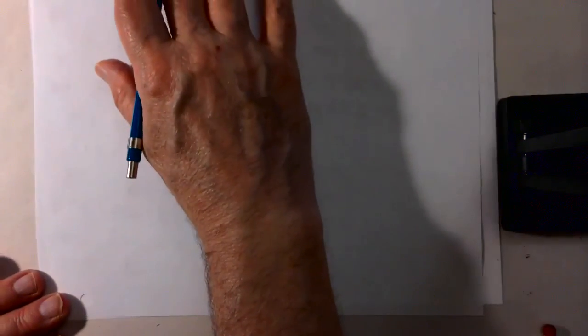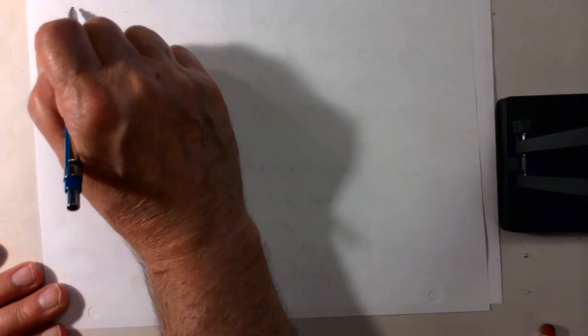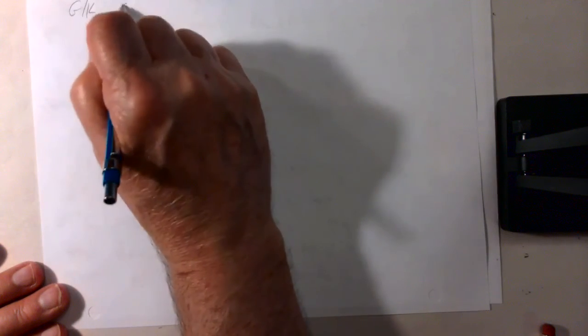Okay, so we've proved that we have a normal subgroup. So we have a quotient group. G mod K is a group.